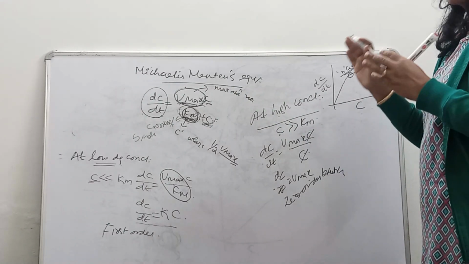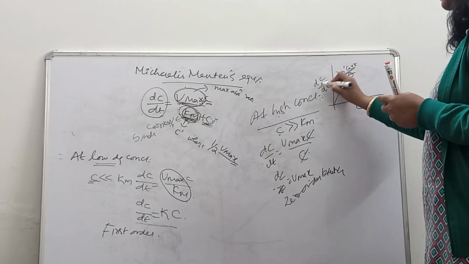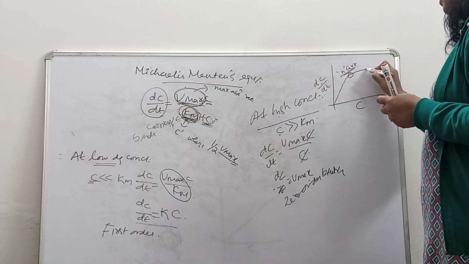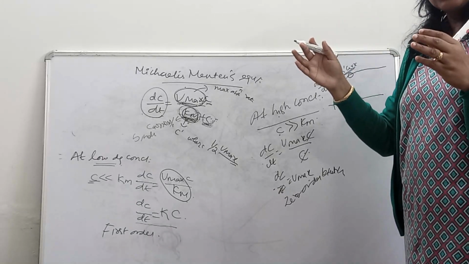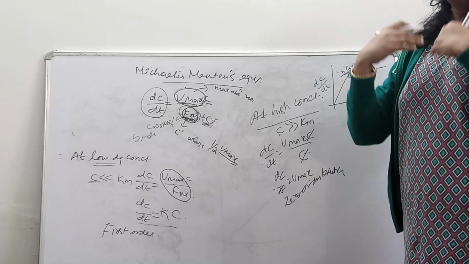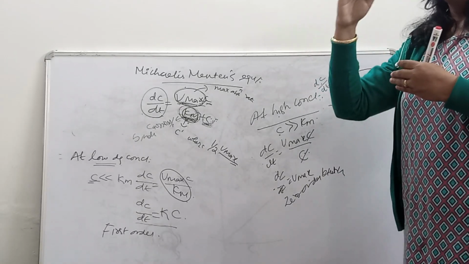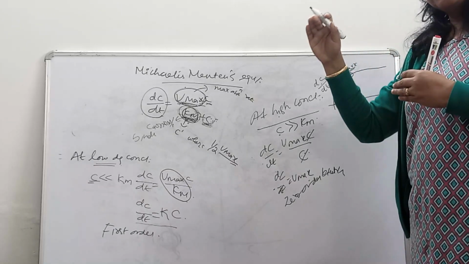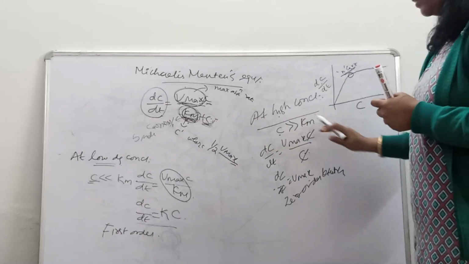Once the carrier has been saturated, if you increase the concentration, the rate will not increase. Now that will remain constant. Why? Because carriers has been saturated. Even if the drug is removed from the carriers, the increased concentration will again saturate the carrier, and the rate of absorption will show the constant value. This is the meaning of this equation.